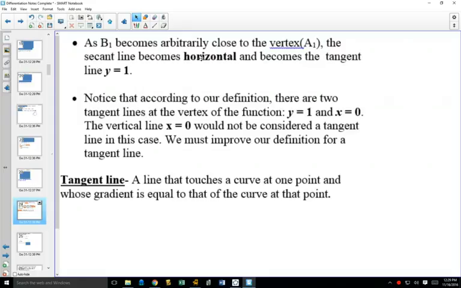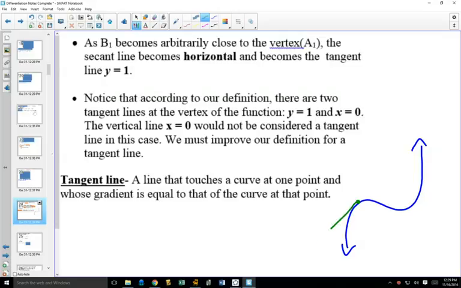And we might even need to refine this definition a little bit further later on, because we're going to see that some tangent lines can touch it perfectly at a point, but later on it goes through the curve again. For example, if I draw this cubic function and I choose this point right here, the tangent line will be the line that goes through that and touches that at just that 1 point.